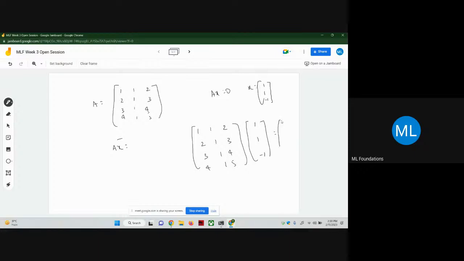So this will give you 1 plus 1 minus 2, which is 0. 2 plus 1 minus 3 gives 0. 3 plus 1 minus 4 gives 0. 4 plus 1 minus 5 gives 0. Right? Yeah, Ax equals 0 form. So this x vector belongs to the null space of A, right?